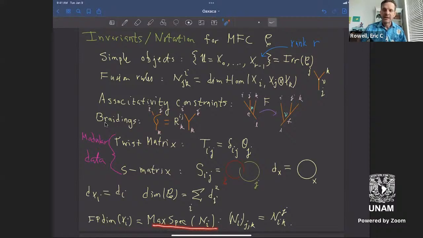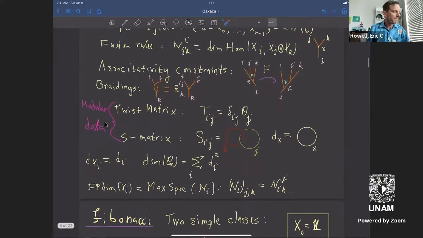And amazingly, this also behaves just like a dimension in the sense that if you take a product of the dimensions, it will equal the sum of the dimensions of the constituent parts when you decompose this tensor product. So they're both quite useful.